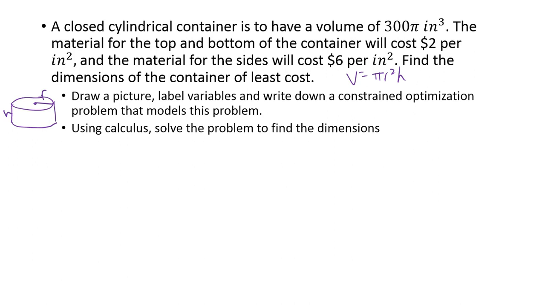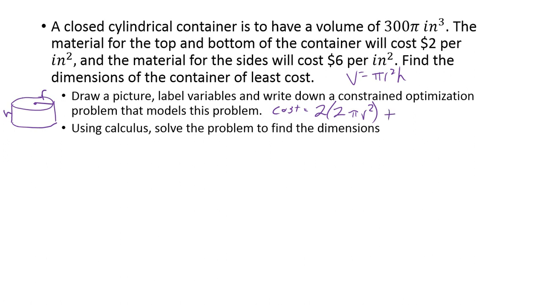Okay. The cost of this cylinder to make it, which I will label C, is $2 times 2 times pi r squared, which is the area of the bases. And there's 2 of them, so that's why it's 2 pi r squared, and then it's $2.